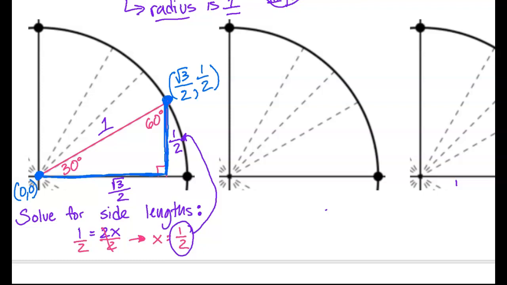Also, because we know this coordinate point, we can now immediately know the sine and cosine value of that 30-degree angle. If I'm thinking about sine first, we know sine is O over H. So what is sine of 30?